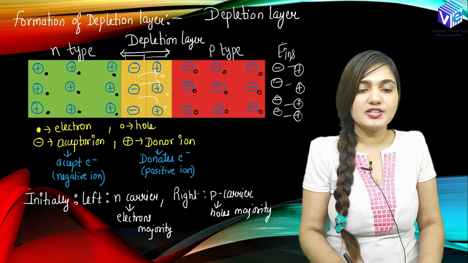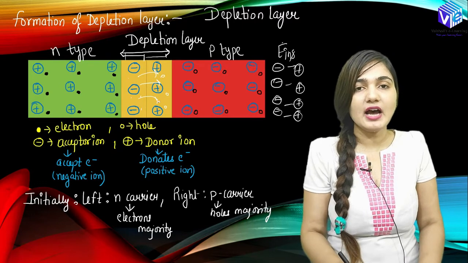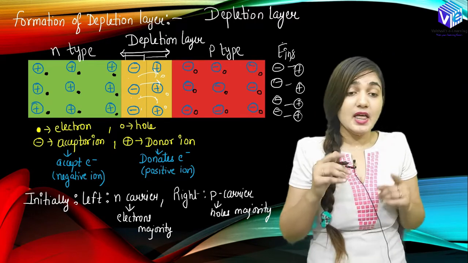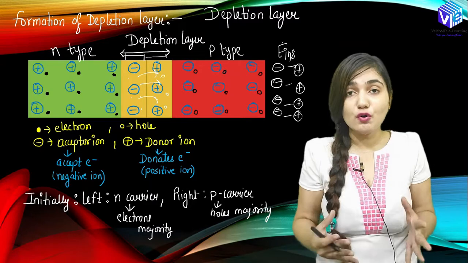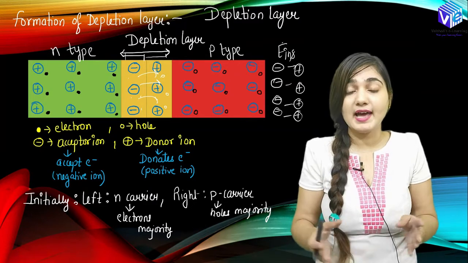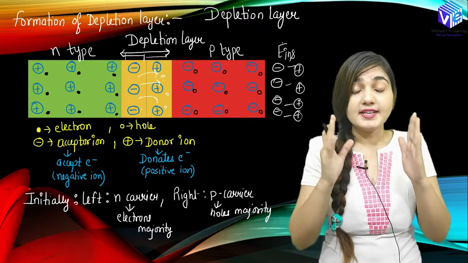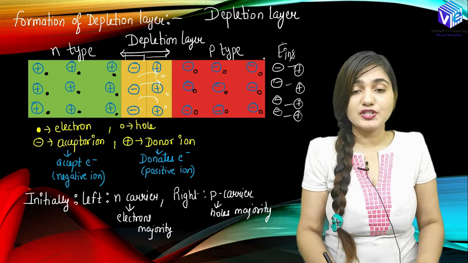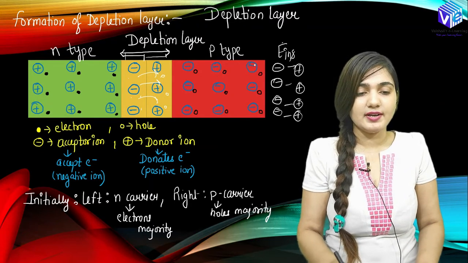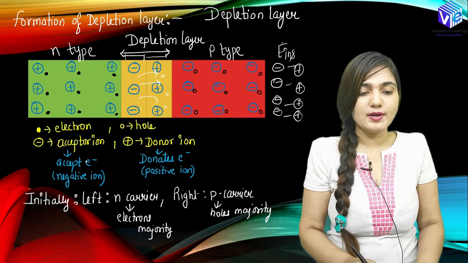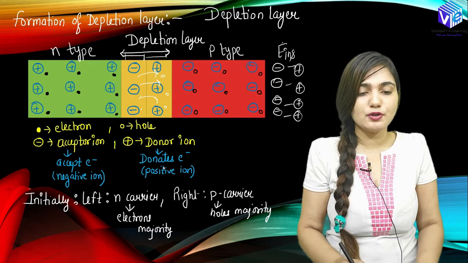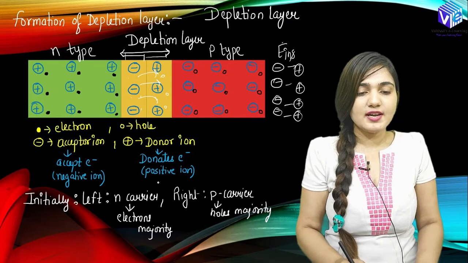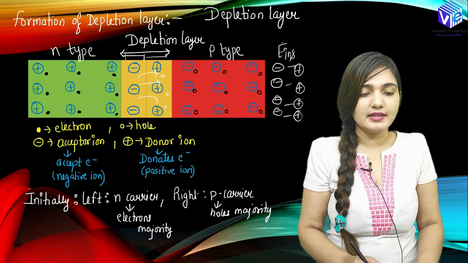So the depletion region is the layer which contains only the ions, which are immobile ions. The electrons and holes can move, but these ions are immobile, and because they are present at a specific location, they provide an electric field called the intrinsic electric field. Acceptor ions accept the electrons and donor ions donate the electrons, so these are the positive ions and these are the negative ions.